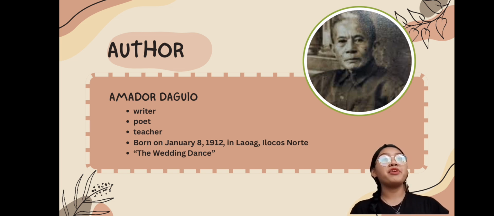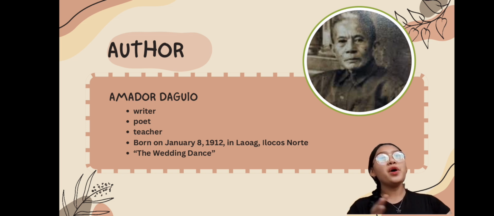Daggio's works often explored themes of Filipino identity, cultural heritage, and social issues. One of his famous short stories is The Wedding Dance, which delves into the customs and traditions of the indigenous people in the Philippines.